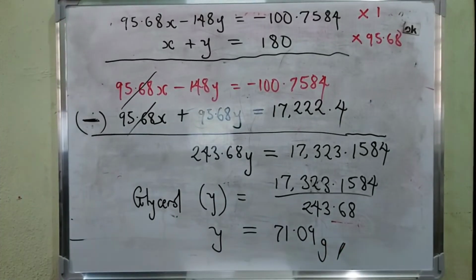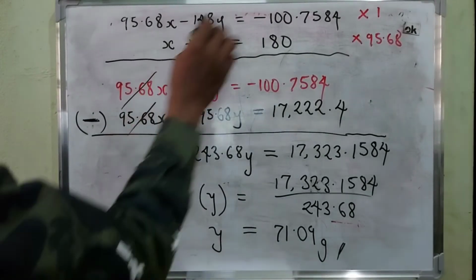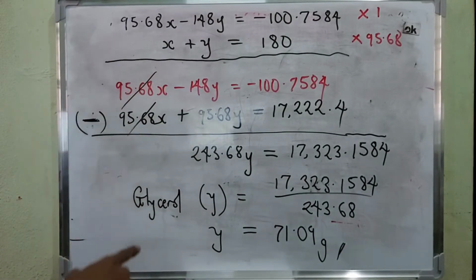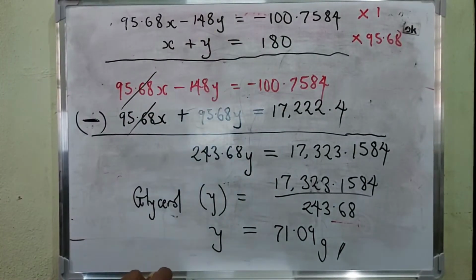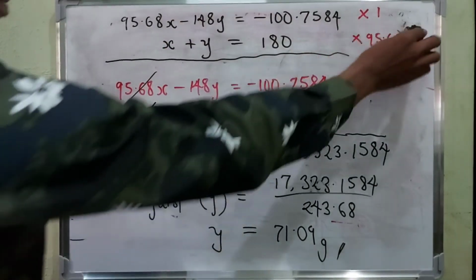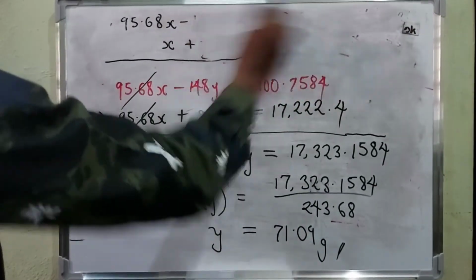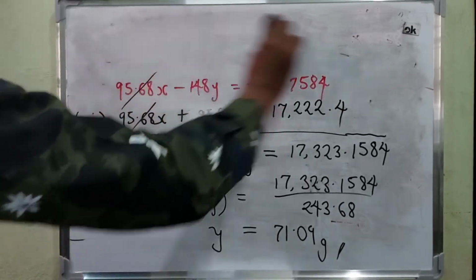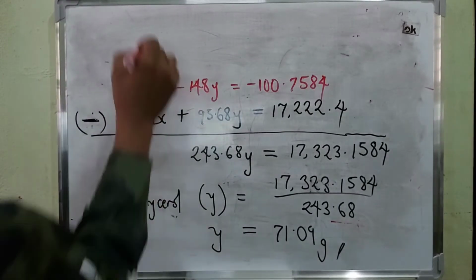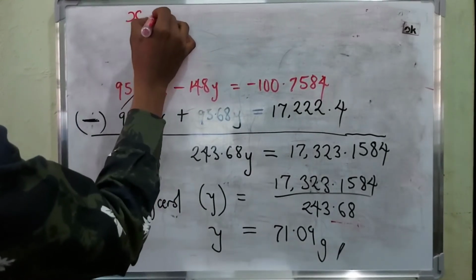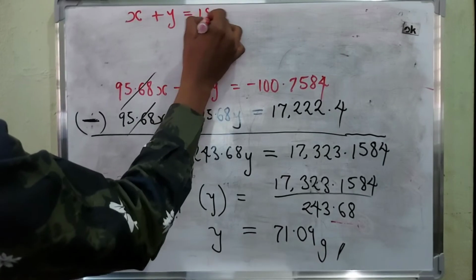So since we found that, we can as well find the mass in gram of the phthalic anhydride, benzene 1,2-dicarboxylic acid. I'm just going to refer to the first equation. Remember, from equation 1 we had x plus y equals 180.